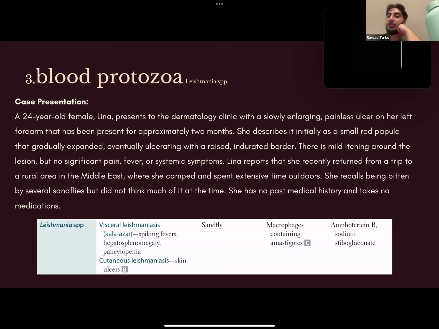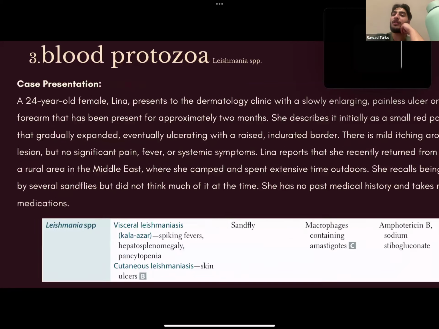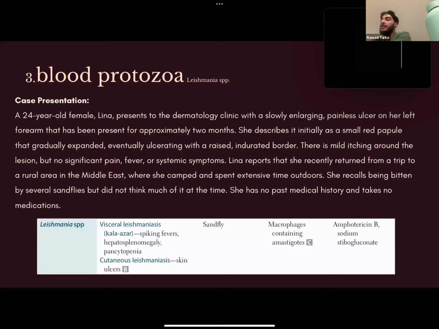She returned from a trip to the Middle East and recalls being bitten by several sandflies. So this is a classic presentation of cutaneous leishmaniasis. Since there is no anemia, no splenomegaly, and no hematological symptoms, this is how you can tell that this is cutaneous leishmaniasis.